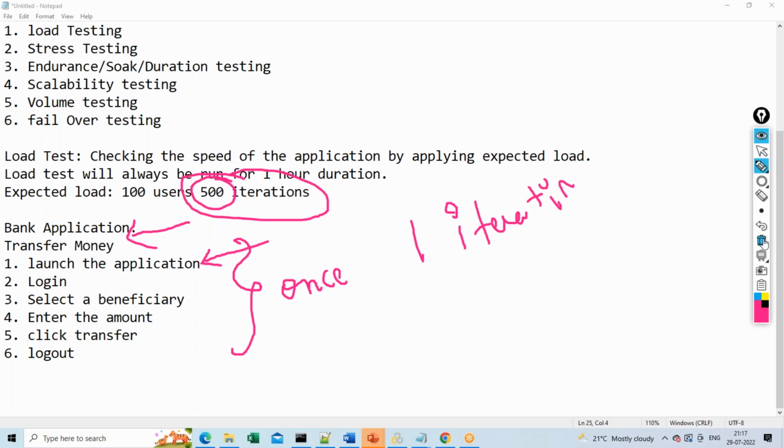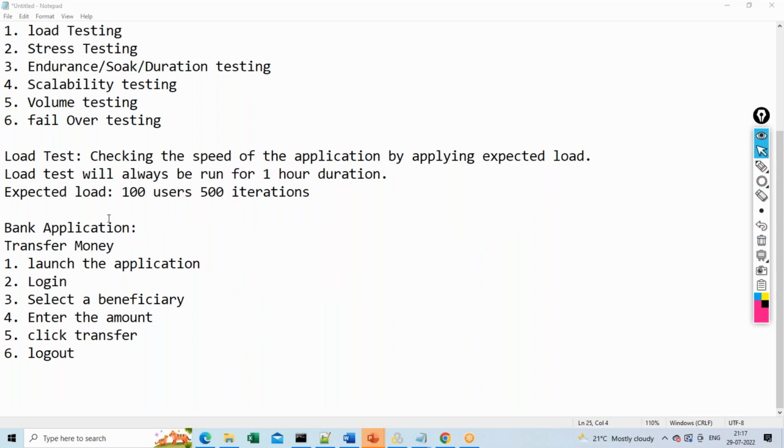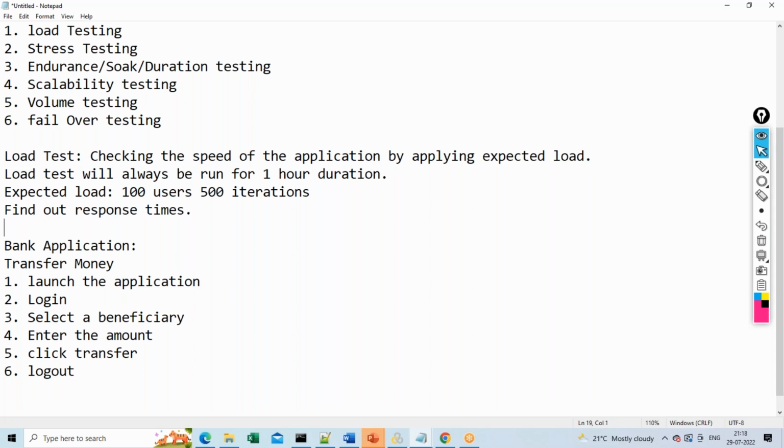So what exactly are we going to find out here? We are going to find out response times. What do you mean by response times? Response time is nothing but the amount of time taken by the server to send the response back. A request goes to the server.